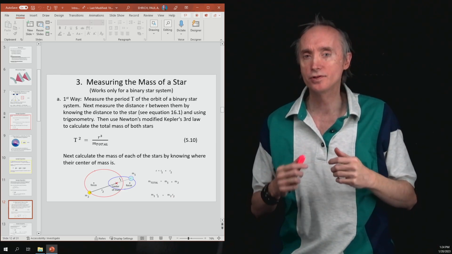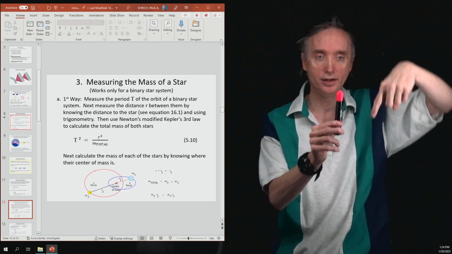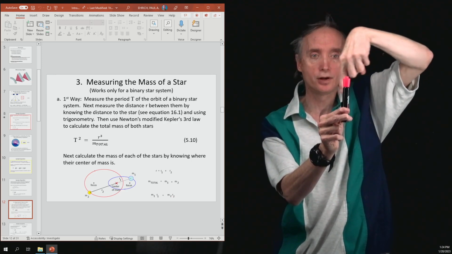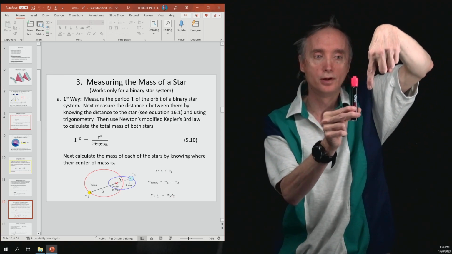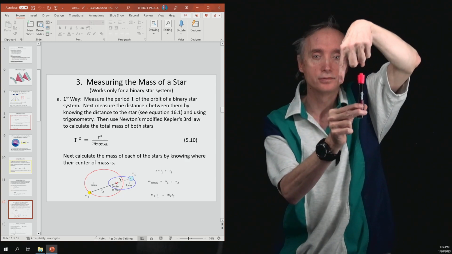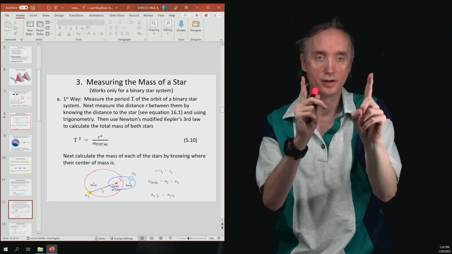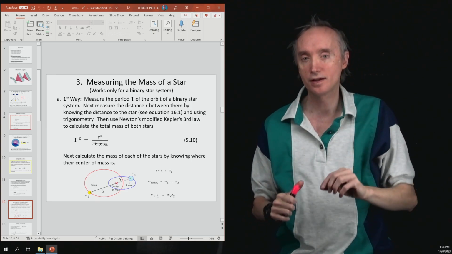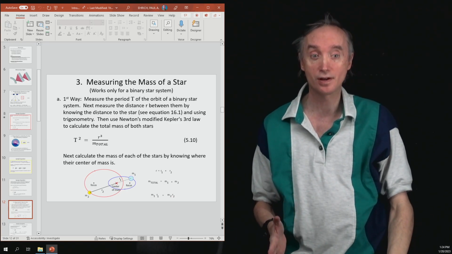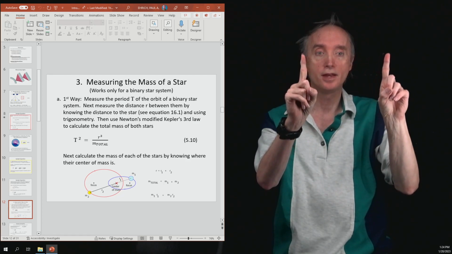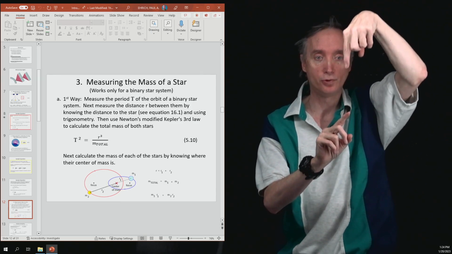And then we also talked about the concept of center of mass, that really the planet is not going around the star like this, but they were actually going around each other, so that the star and the planet were in orbit around each other, around their common center of mass. Now, if you've got two objects that are the same size, then they basically revolve around each other, around the midpoint.